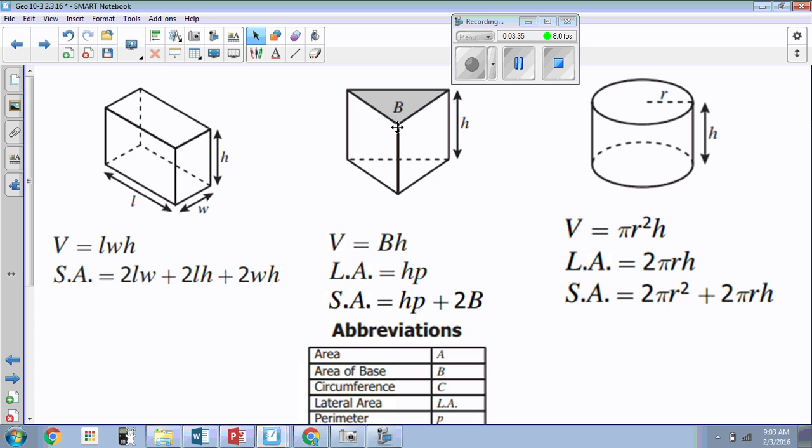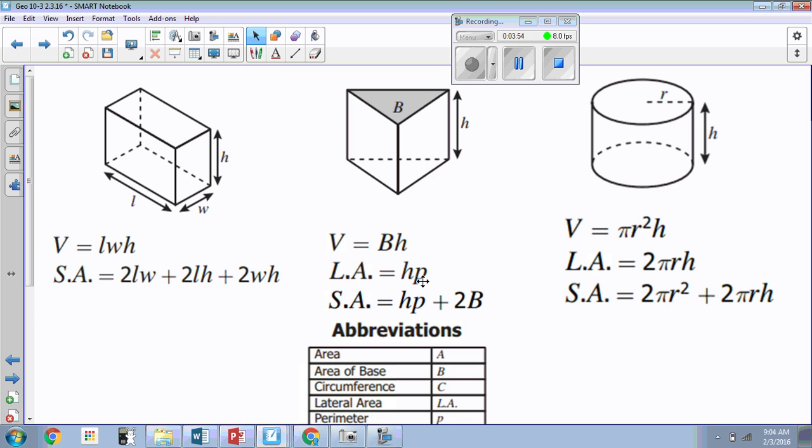Here's a triangular prism, and this set of formulas actually works for a prism with any particular kind of shape. It could be a triangle, it could even be a rectangular prism. You can use this one if you want, or it could be a pentagon or an octagon or any other shape with a bunch of sides.